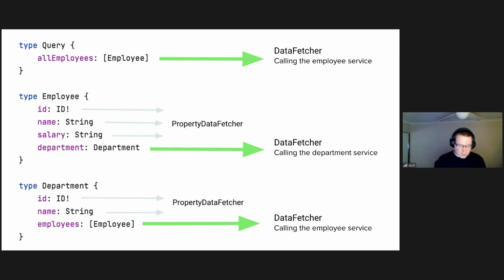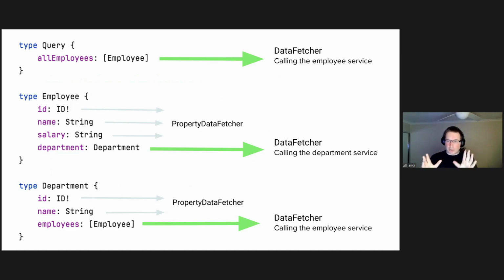This property data fetcher has only one purpose. Its purpose is to access a specific getter, normally of a POJO, which matches the schema. So how it works is your all employees data fetcher would return a list of employee DTOs, let's say. And the employee DTO has getters for ID, name, salary. So the structure of your Java object matches the schema structure here.